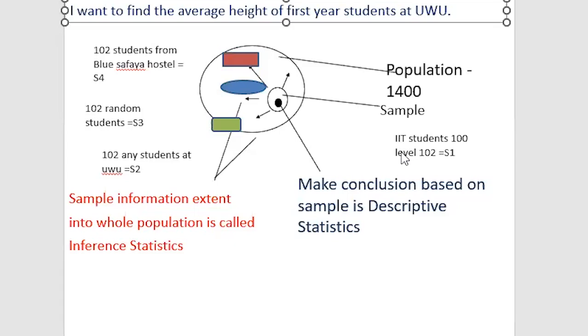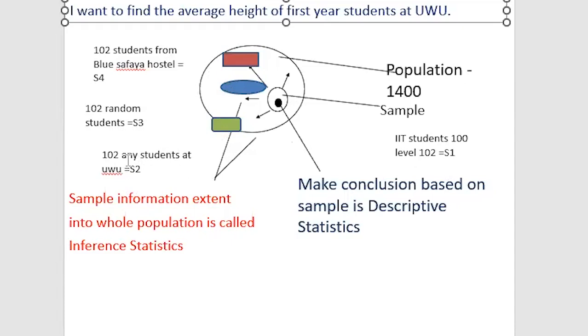When you look at sample 1, 3 and 4, all 4 I draw within the population. Can you see that? But in sample 2, some parts are inside, some parts are outside. What is the meaning of that?